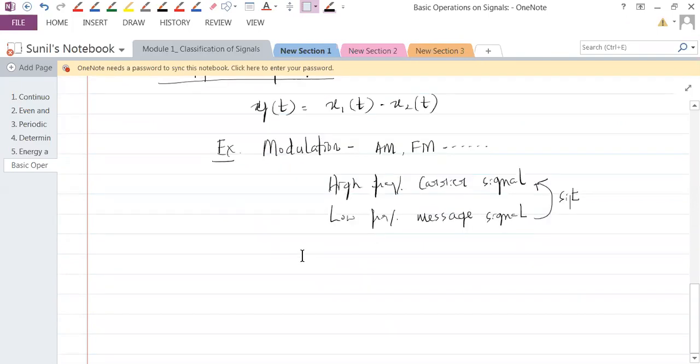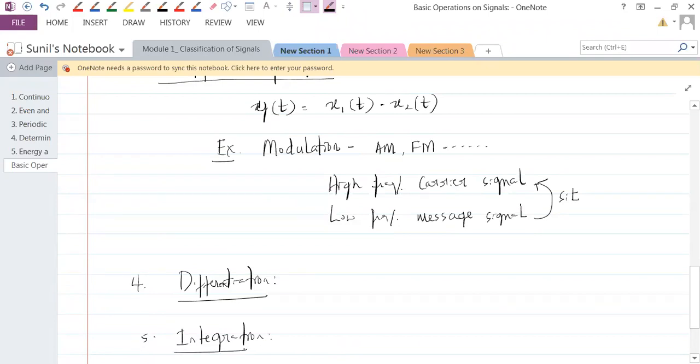Then there are two more: the differentiation of signals, then integration of signals. Where do you come across this differentiation and integration of signals? Those who still remember what we did in transient analysis: what is the voltage across the inductor, and what is the voltage across the capacitor?